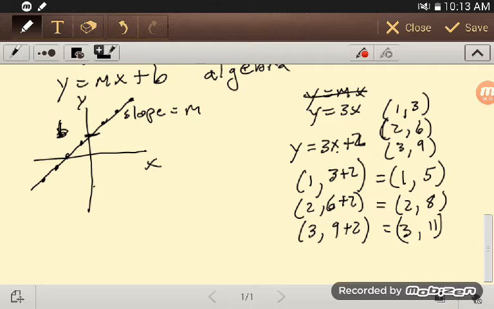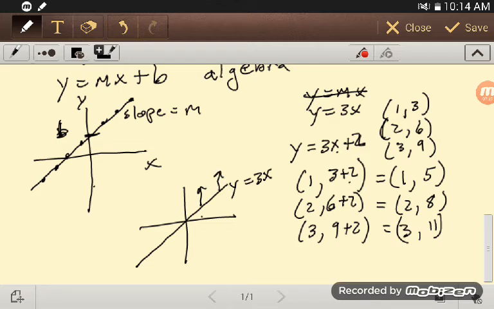So you see what happened, and we can think about this in the graph. We started with this picture, y equals 3x, and then by putting that plus 2 or plus b on there, for each x value we added 2. This is a great way to start thinking about how the algebra and the graphs go together.